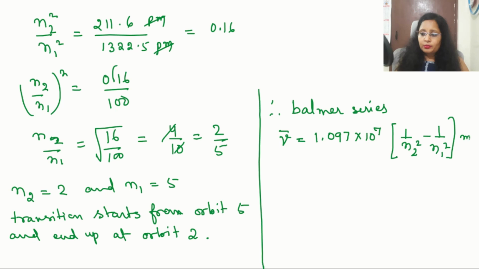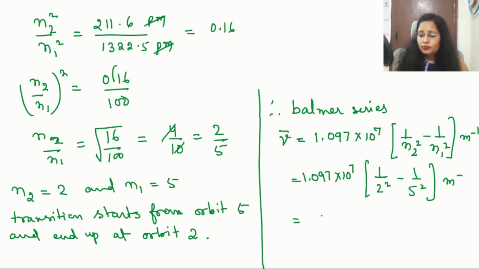This is per meter. Now this is mu bar, and just substituting the values of n1 and n2, we can write 1.097 into 10 to the power 7, into (1 upon 2 square minus 1 upon 5 square) per meter. Again solving inside the bracket, 1.097 into 10 to the power 7, into (1 upon 4 minus 1 upon 25).